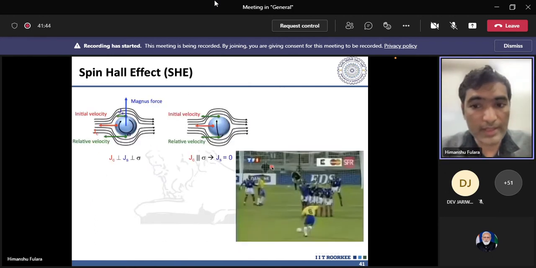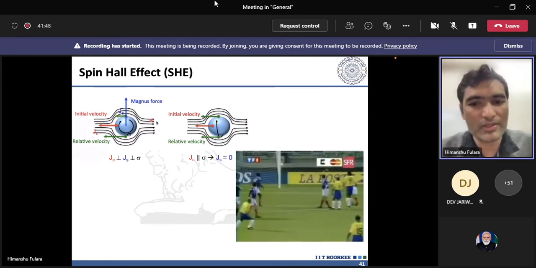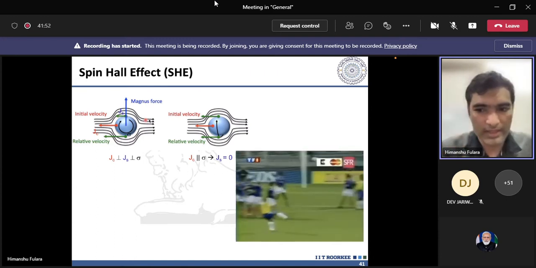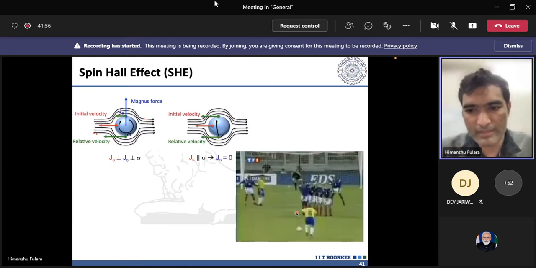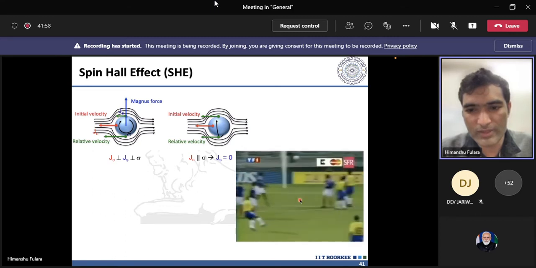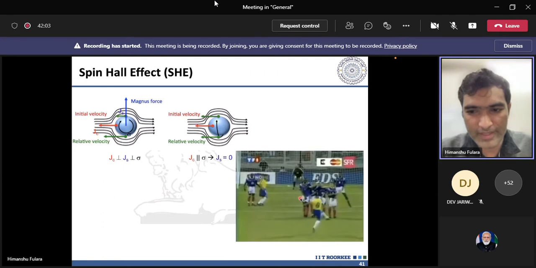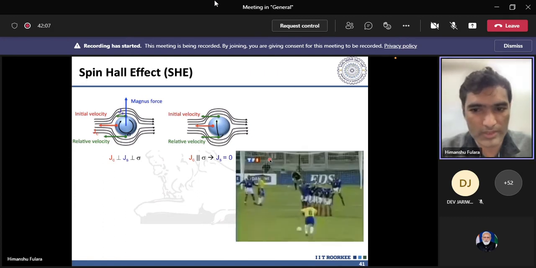Now you will be wondering how this effect actually takes place. This is quite similar to the Magnus force. When you try to spin a ball, that's why I have shown this video here. This is the video of Roberto Carlos hitting the ball, and you see how the ball swings and goes into the goal post.